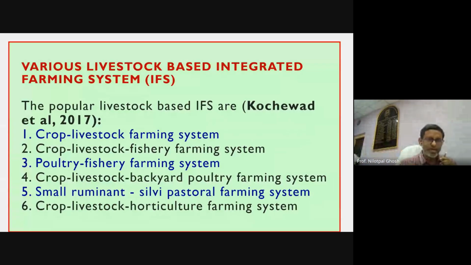Then small ruminants, sheep, goat, and silvipastoral farming system, that is within the forest or at the fringes of forest area. This type of IFS may be seen. Then crop livestock horticulture farming system seen especially in the sub-Himalayan region and hilly tracts, etc. So these are some popular livestock-based integrated farming system examples.